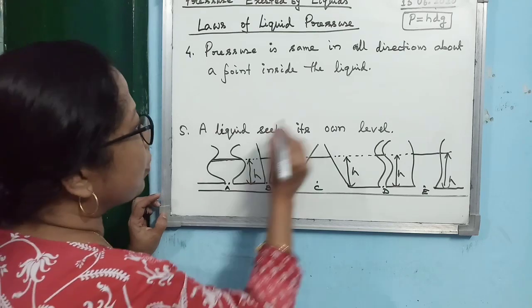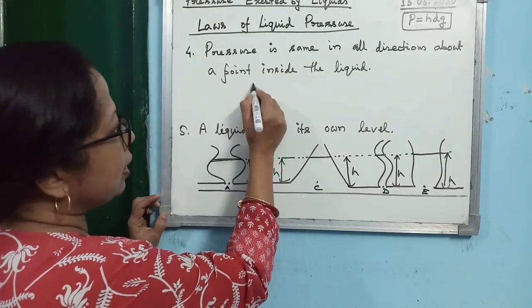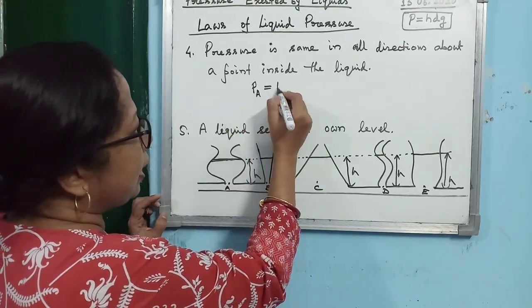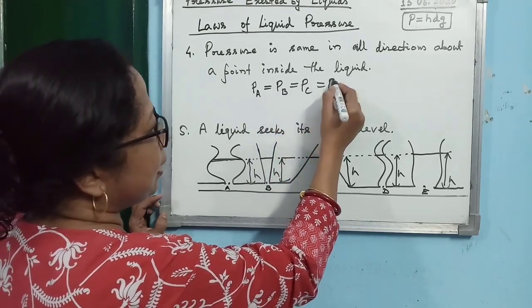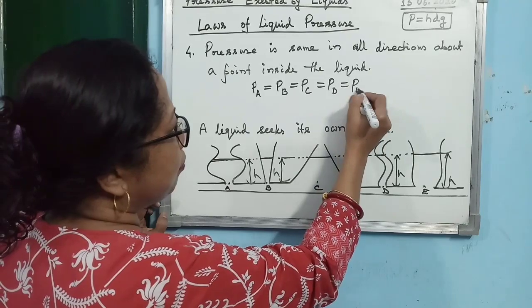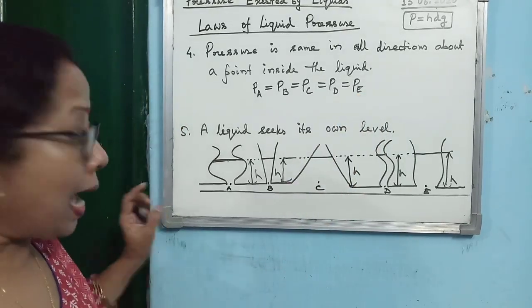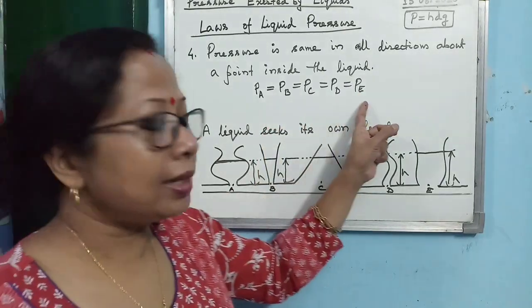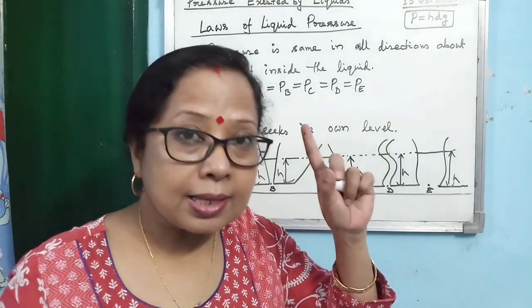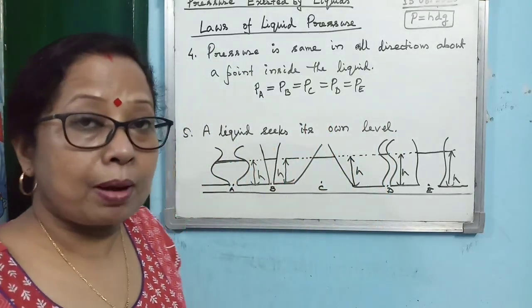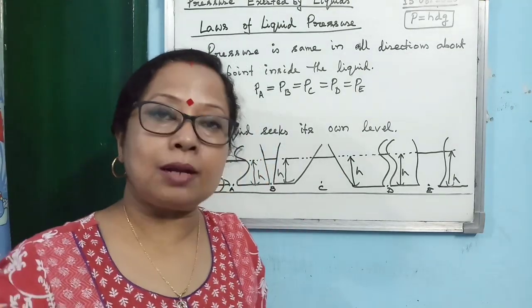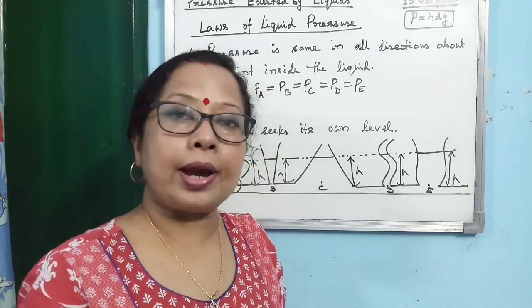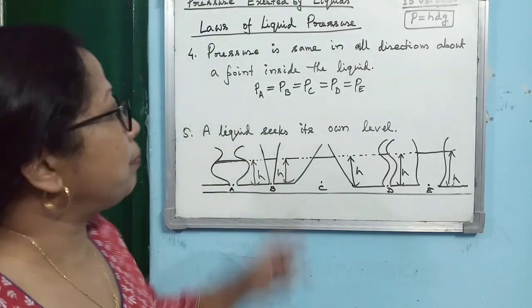So what you can write is that the pressure at point A, B, C, D and E will be the same. This comes from the second law. I hope you remember: if you take a horizontal plane, then at every point on the horizontal plane, pressure is the same.